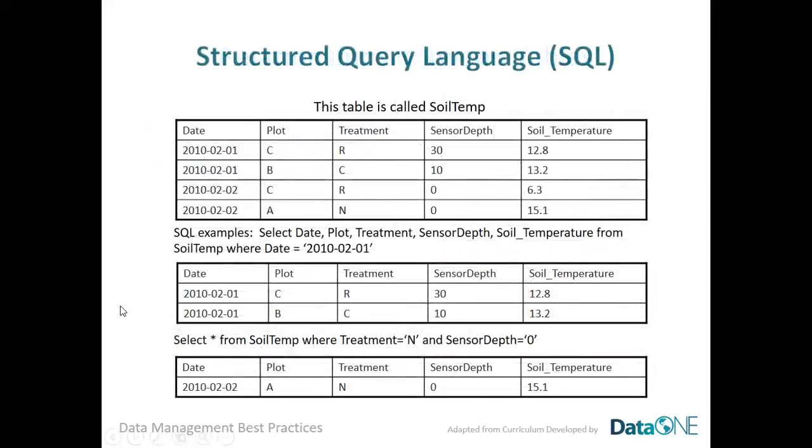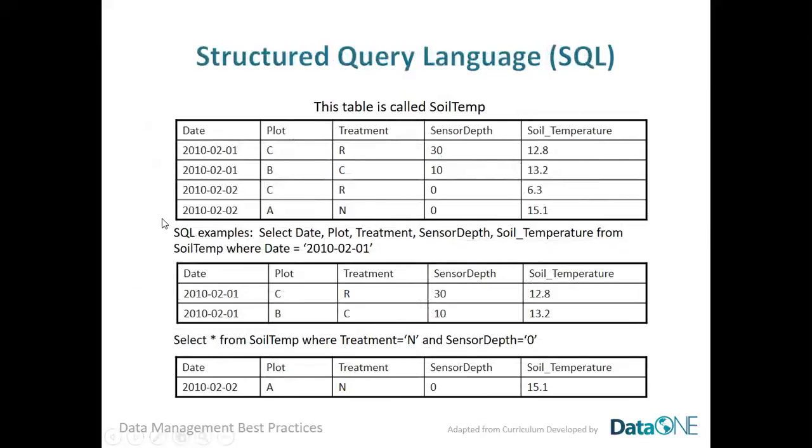It also contains the ability to run queries using structured query language, which is a command language. So you see this top table is called soil temp, which includes information like the plot that came from, the treatment, whatever that is, the sensor depth, and the soil temperature.